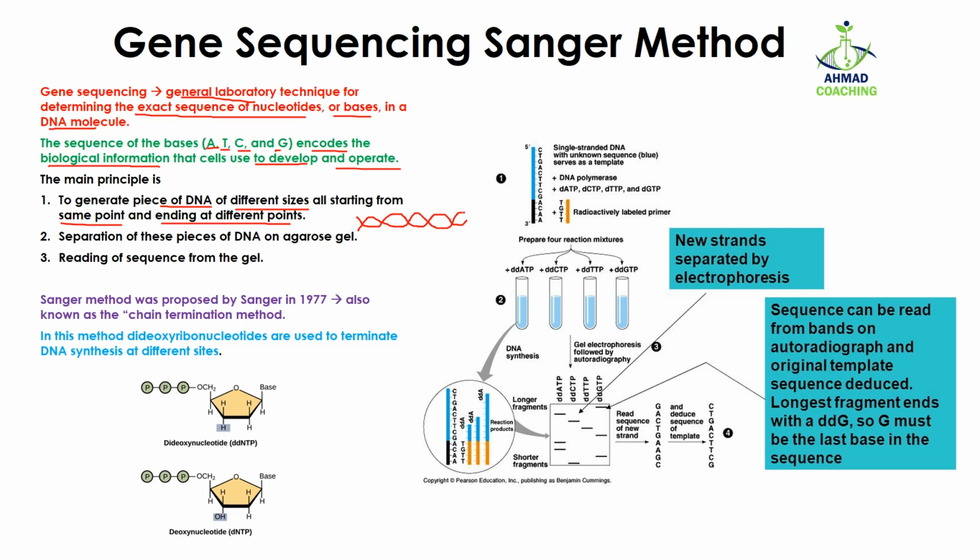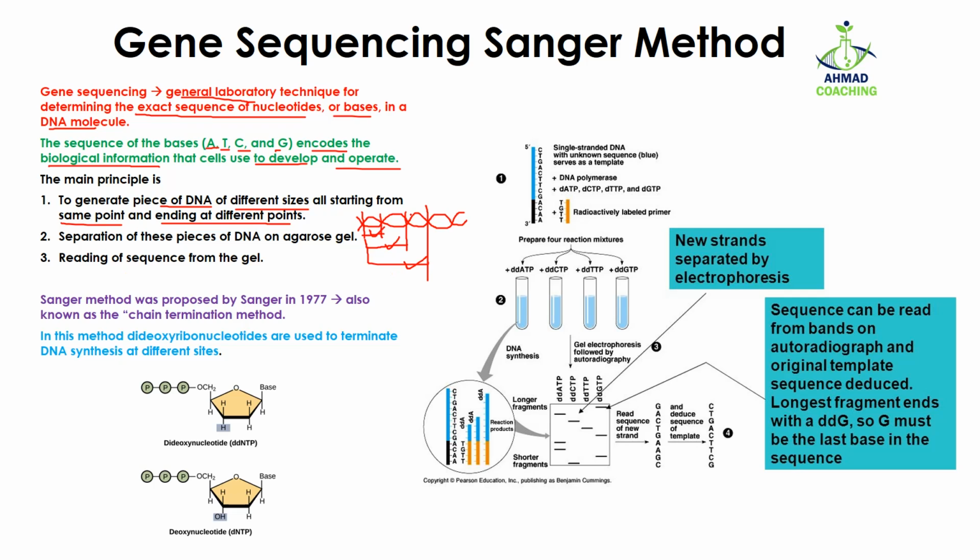What I am going to do is start from the same point and then generate different size pieces which are going to end at different points like this. So here you can see that I have 1, 2 and 3 different pieces of DNA, all starting from the same point but ending at different points.